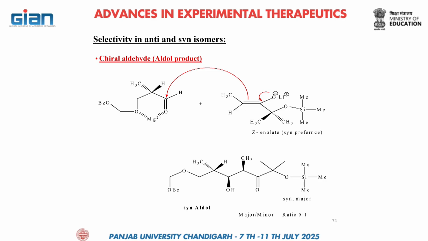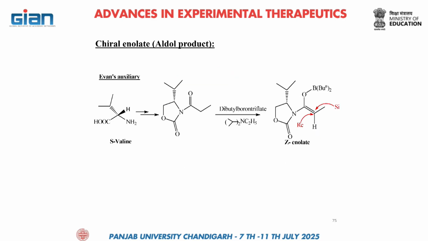Now if you place chirality on enolate, then you can also select one. So for that you have to prepare one auxiliary, that is your Evans auxiliary. अब आपने इस फाइनल स्ट्रक्चर में देखो, एक तो आपने इनोलेट लिया, इनोलेट कौन सा ले लिया? Z. क्लियर? उसके बाद उसके ऊपर एक कायरल ग्रुप भी फिक्स किया हुआ है.